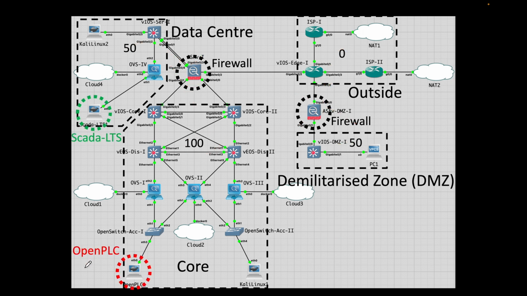We place the OpenPLC here and SCADA-LTS here. To make the SCADA-LTS connect to the OpenPLC, we need to deploy some access control lists in the firewall to allow the traffic from this direction.